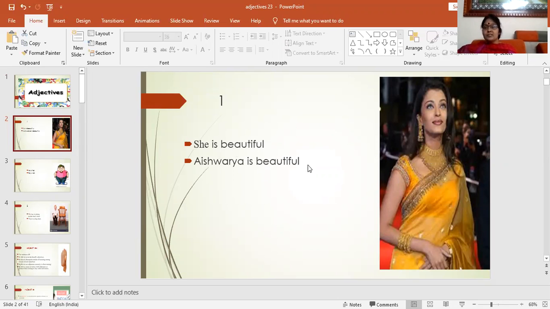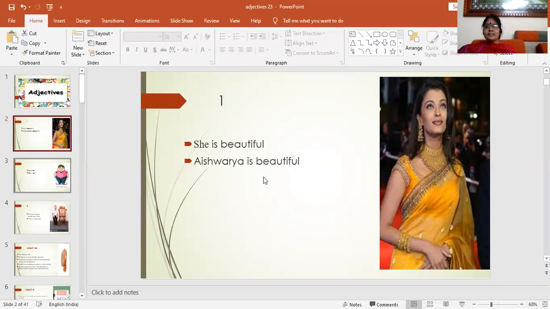When I say Aishwarya is beautiful, this word beautiful is modifying the noun Aishwarya, right? And when I say she is beautiful, this word beautiful is modifying the pronoun she. So with this example, we understand that an adjective modifies a noun or a pronoun.